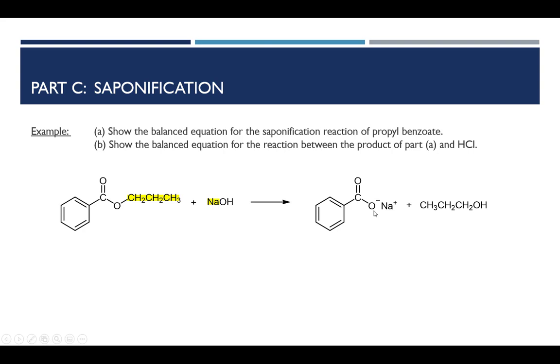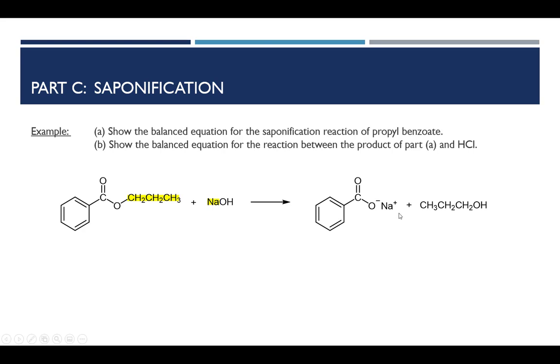Now, should this be soluble in water? Think about this for a second. It's got 7 carbons, so normally that would be a little unlikely if this were a carboxylic acid, and we already saw the benzoic acid was not soluble in water. However, this is a salt, and remember, salts are much, much more likely to be soluble than the acid itself.